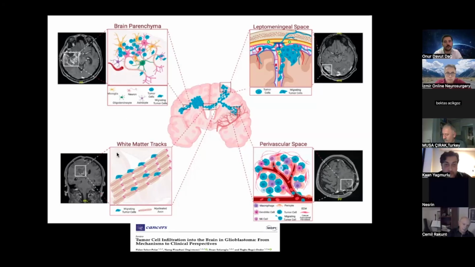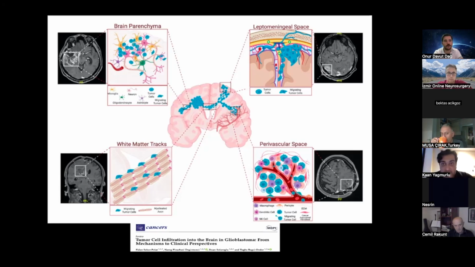So the last one is the white matter tracts that I like to focus on today. When we see tumors travel long distances, they usually go through or along the white matter tracts. There's a debate about it: whether the tumor sprays the white matter, splits the white matter, or goes along or through the white matter.